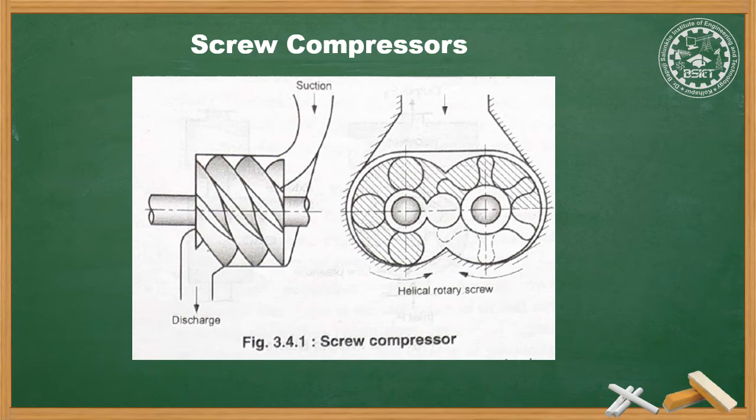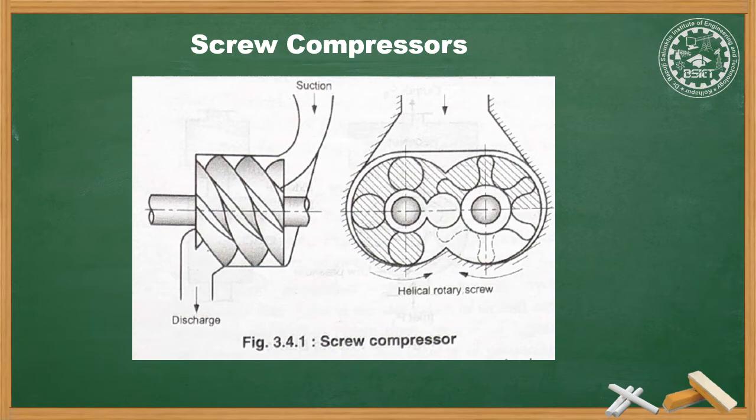An electric motor drives male rotor shaft and female follows by the timing gear, but in some design, the metallic cylinder rotor follows the female rotor. Compression process is obtained by direct volume reduction with pure rotary motion.